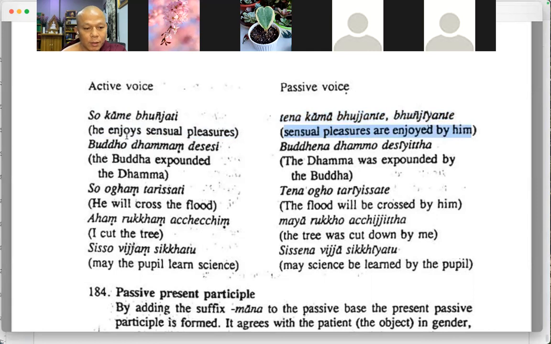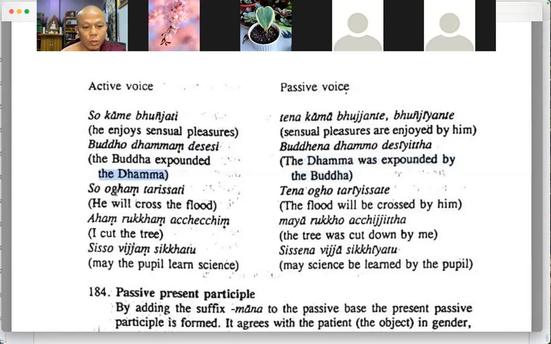That is passive. Bodho Dhammandi si: the Buddha expounded the Dhamma, that is active. But Bodhina Dhammo Desiyata, that is past tense, third person singular: the Dhamma was expounded by the Buddha.